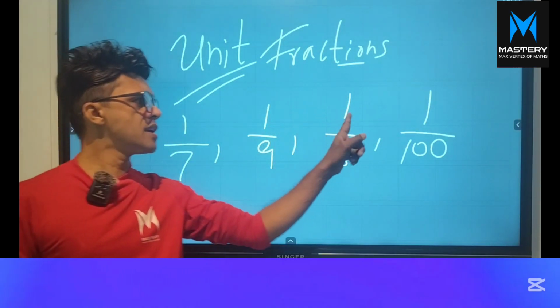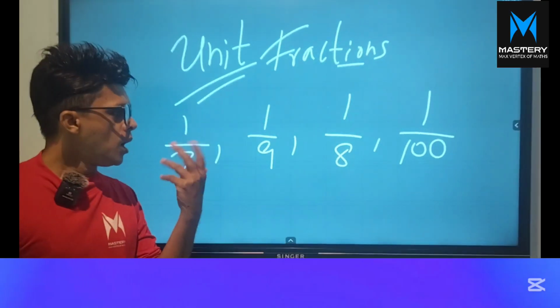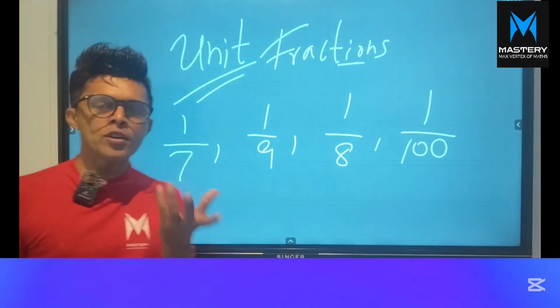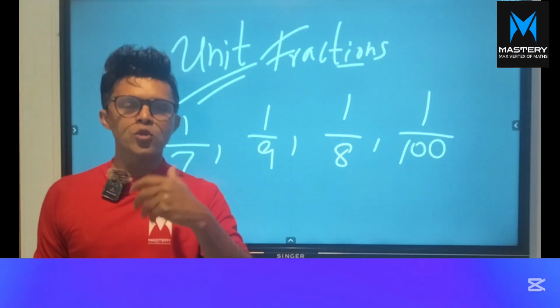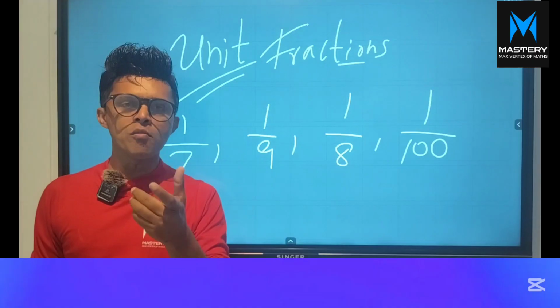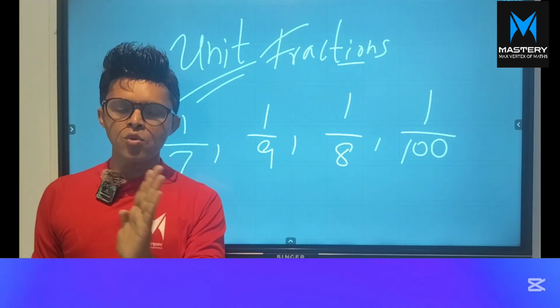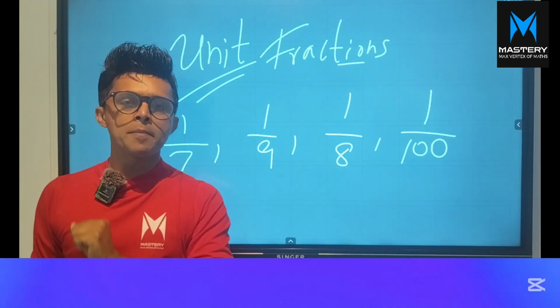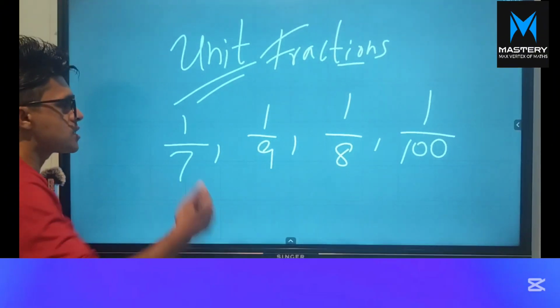Here 1, here 1, here 1, here 1. So what are unit fractions? The fractions in which the numerator is 1. Every time the numerator should be 1 for unit fractions. Okay, so these are unit fractions.